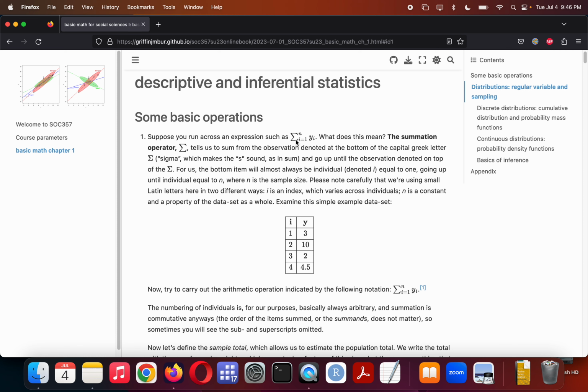And sigma, by the way, is a capital Greek S, so it makes the S sound. And we'll later on meet the lowercase Greek sigma. It looks a little bit more like an O, somewhat confusingly. But Greek letters typically have intuitive meanings, although I know that's maybe not intuitive if you don't know the Greek alphabet.